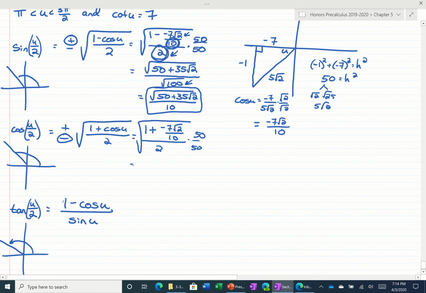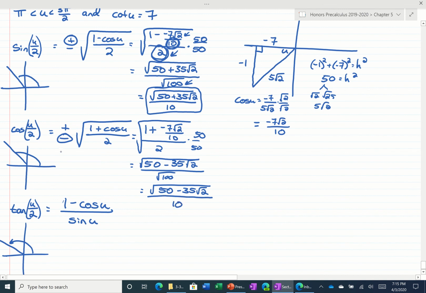And if we do that, we would get 50 minus 35 root 2 all over the square root of 100, which is the square root of 50 minus 35 root 2 over 10.